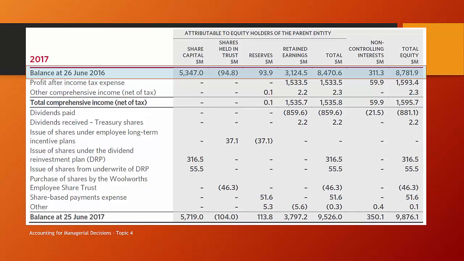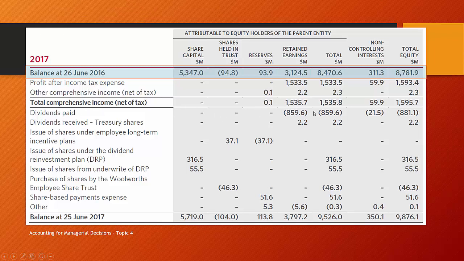So we can see share capital here, and we can see retained earnings. Then we add profit after income tax, and that profit gets added to retained earnings. There's a few other adjustments, it's really minor, and we end up with total comprehensive income being mainly added to retained earnings, a little bit in other places.